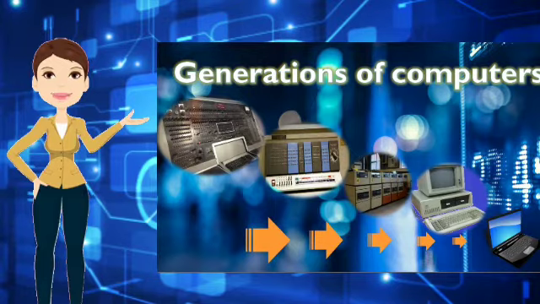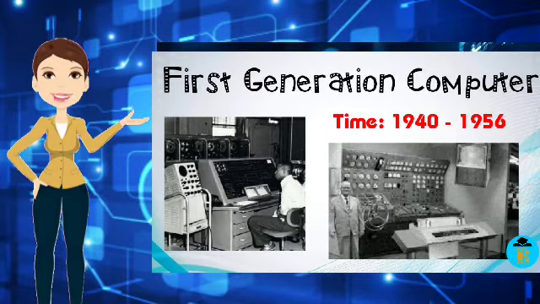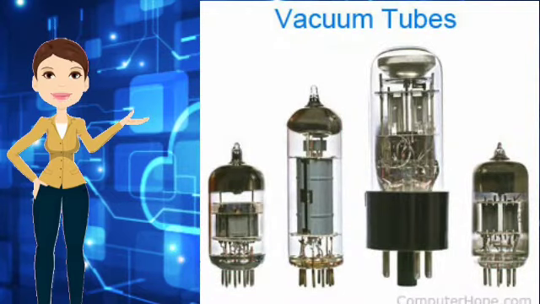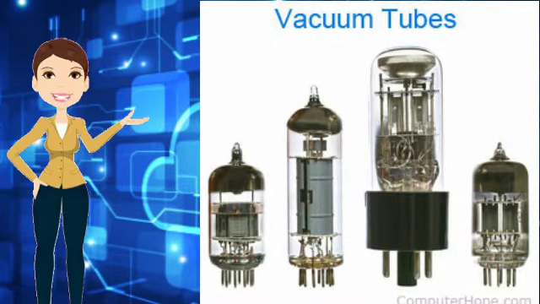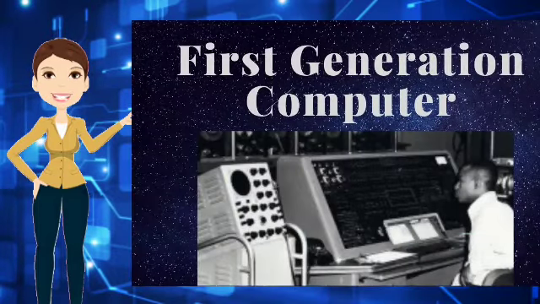Now, the first generation. The first generation started in 1940 to 1956. In this first generation, we used vacuum tubes. It used magnetic drums. It had 1000 circuits per square foot. It was heavy and large in size, and very expensive also.